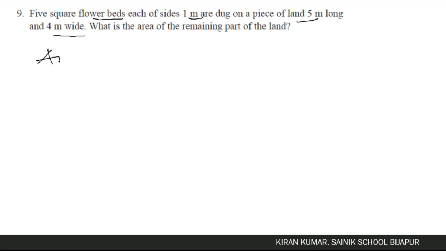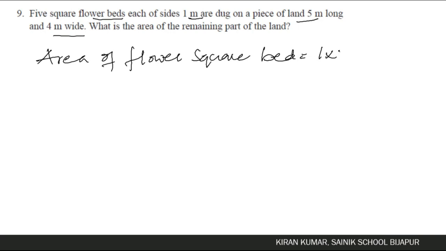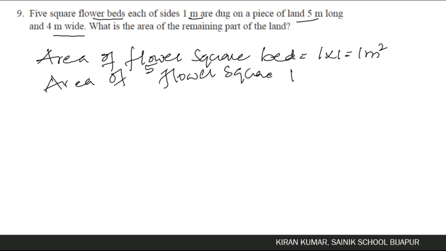Here, area of a square flower bed is equal to side into side, which is 1 into 1, 1 meter square. Here, the area of 5 square flower beds will be equal to 1 times 5, so 5 meters square.